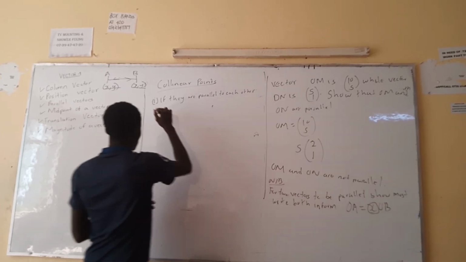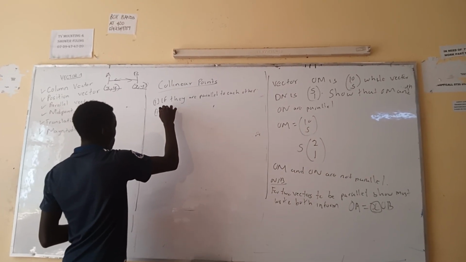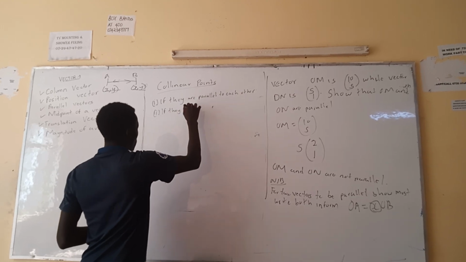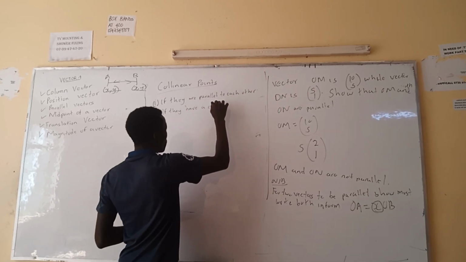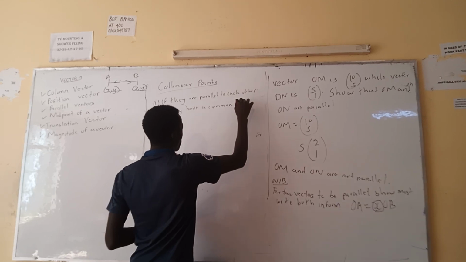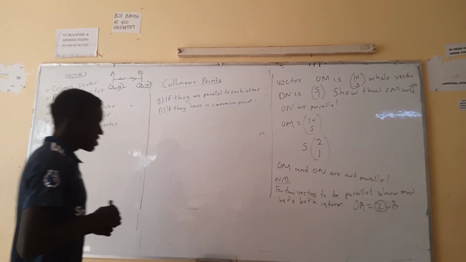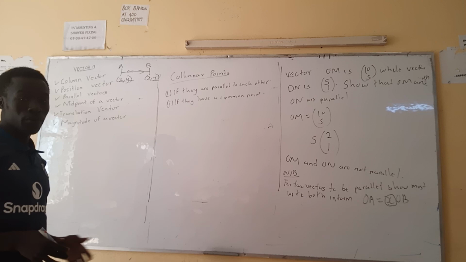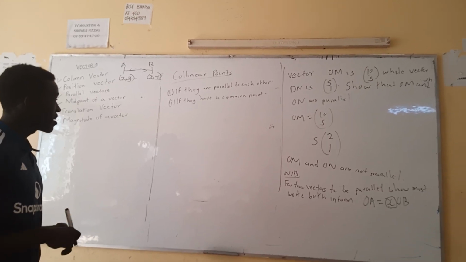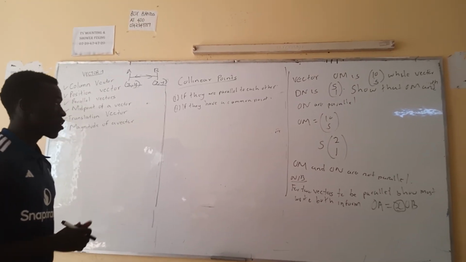And 2, if they have a common point. So when we say that two points are collinear, we say they are collinear first if they are parallel to each other and if they have a common point.